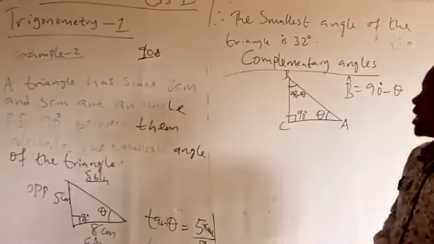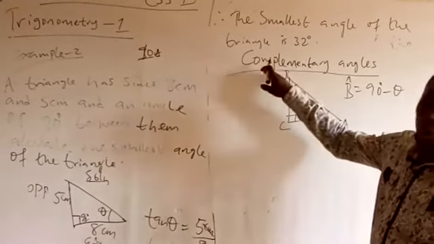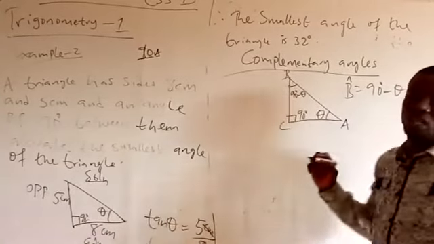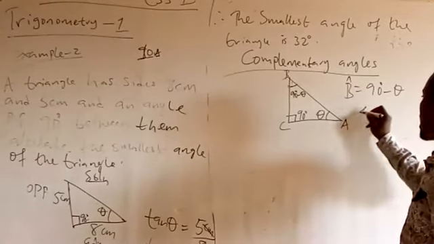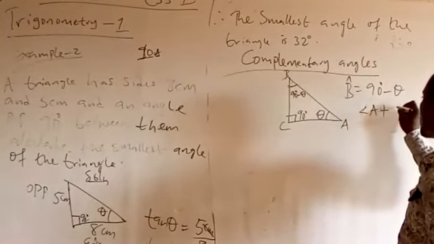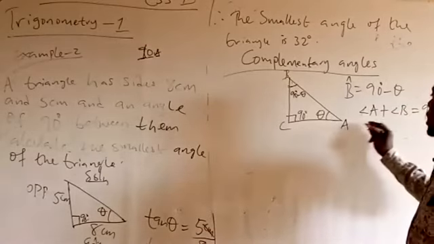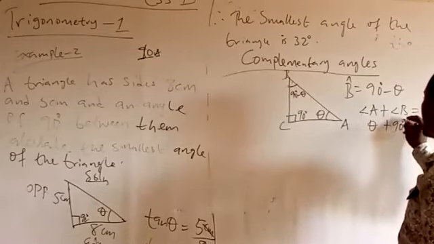What are the angles that are complementary there? The complementary angles here are angle A and angle B. That is, if you sum up angle A and angle B, you're going to get 90 degrees. They are complementary angles. So angle A plus angle B will give you 90 degrees. Angle A is theta plus angle B is 90 degrees minus theta.